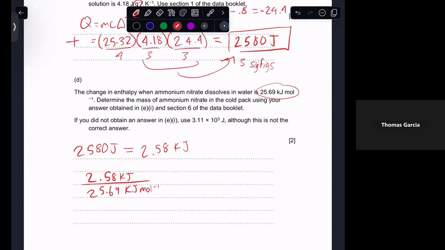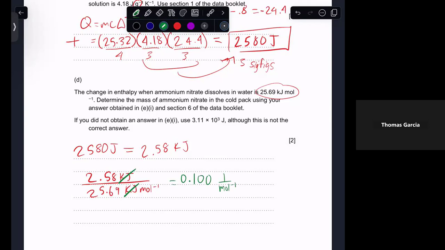You might be saying, Mr. Garcia, how do you know to divide? This seems wild. Well, that comes back to dimensional analysis. If I divide, my kilojoules will cancel. And what I end up with is a 1 over mole inverse value. I will end up with a value that's 0.1001 over mole inverse.